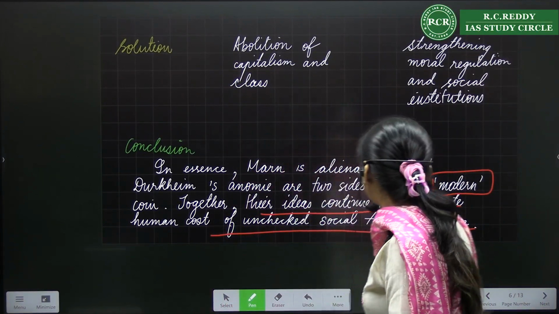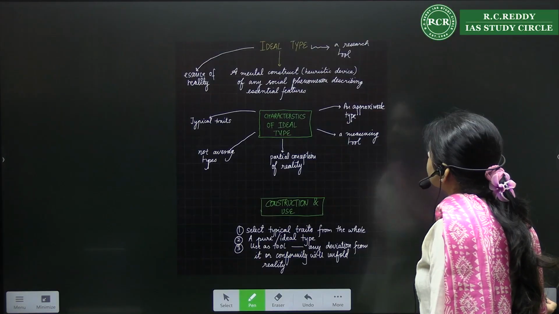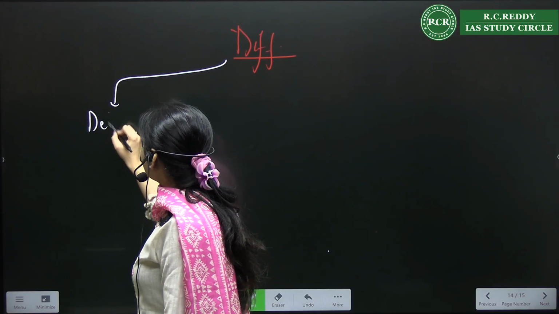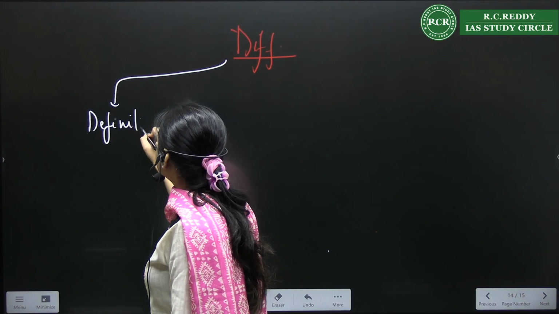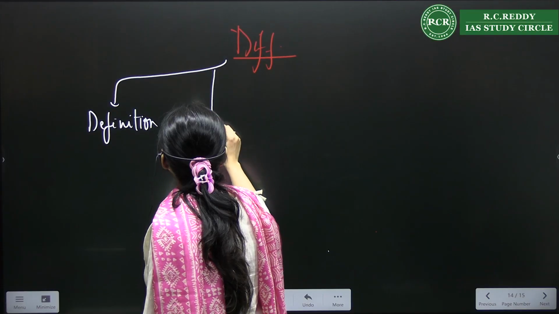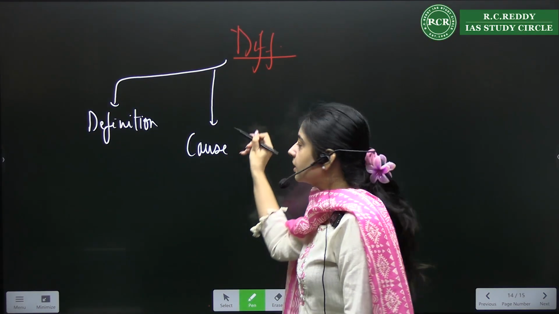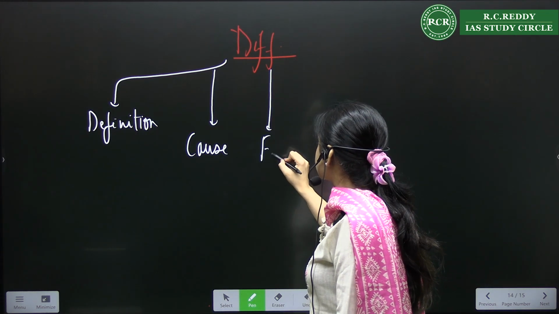So now from here, the takeaway is that whenever there are questions based on difference, think of the definition of that term. General framework I'm telling. What is the cause of something? What are the features?